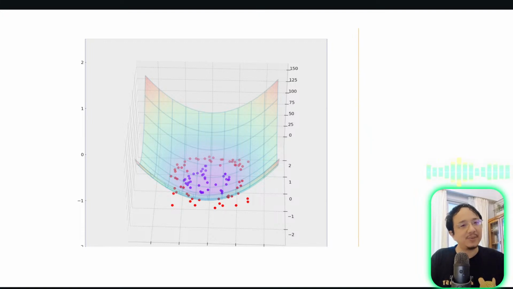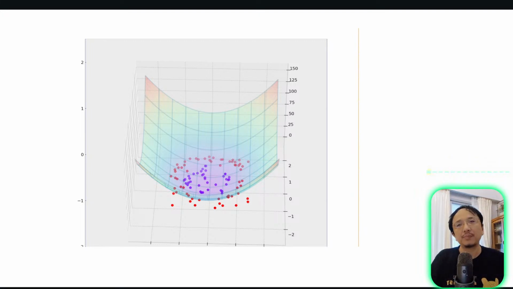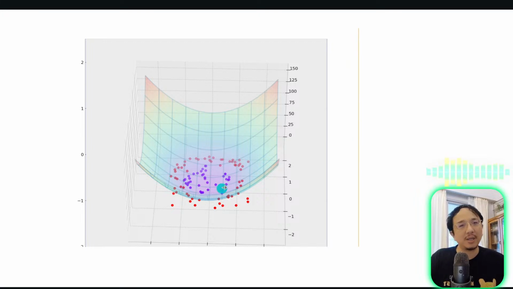This is similar to what we do for logistic regression, because originally for linear regression it becomes a straight line. But since we introduce new features, this becomes a quadratic surface. By using this quadratic surface, we can easily separate the purple samples and the red samples.